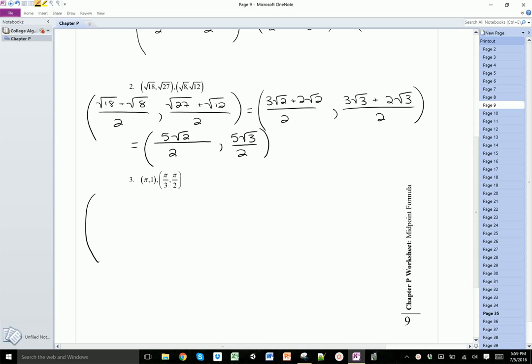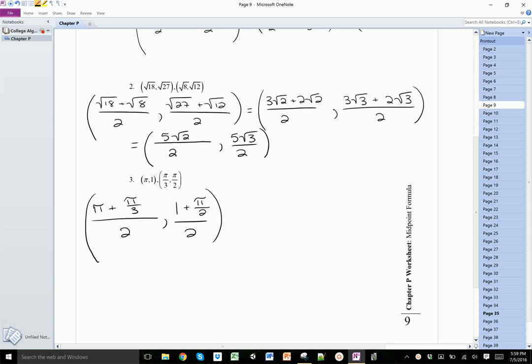So if I start with this, I'm going to do pi plus pi over 3. So pi plus pi over 3, all divided by 2. And then 1 plus pi over 2, all over 2. Now I'm going to go ahead and write out the work for the fractions for this.